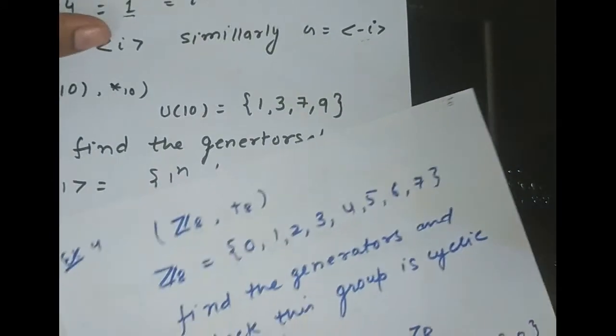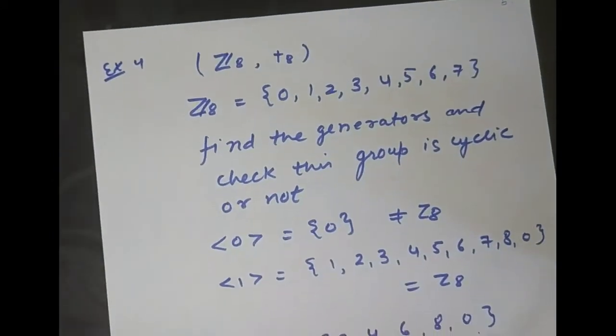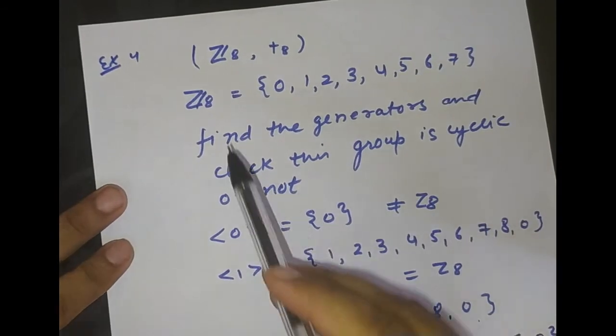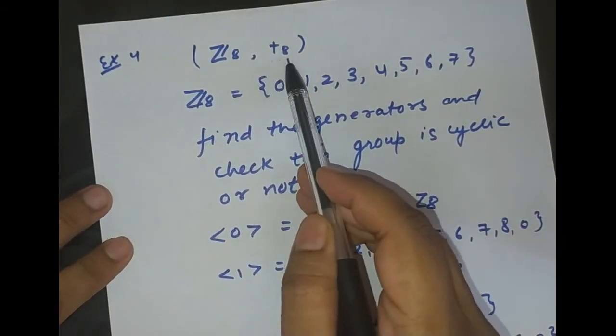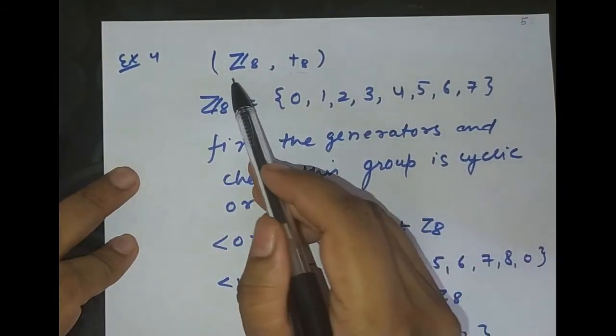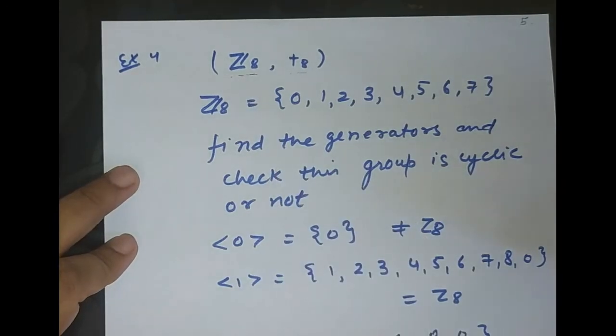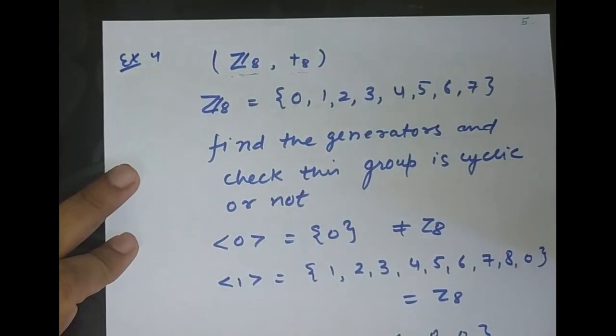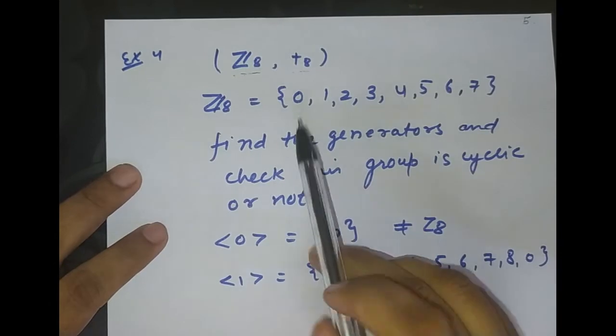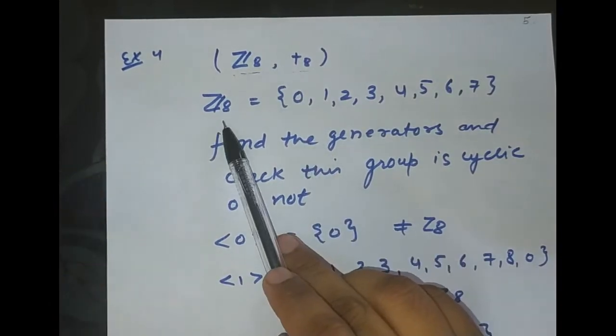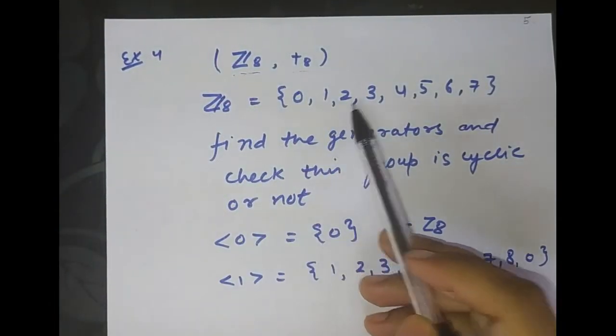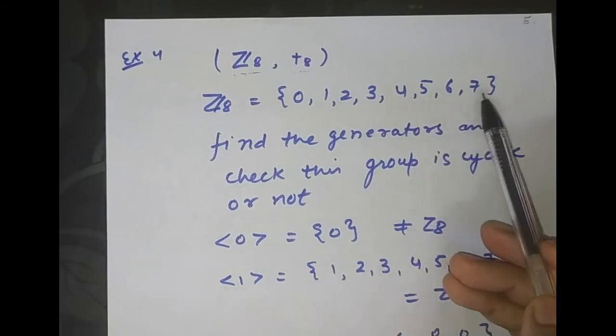Now, one more example for addition modulo, Z8. We have to check whether this Z8 is cyclic or not. This is a group for addition. We have 8 elements in this set, that is 0, 1, 2, 3, 4, 5, 6 and 7.